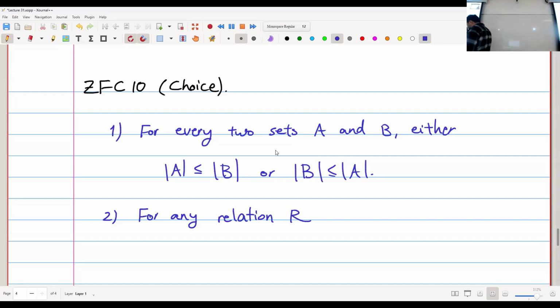A relation is basically a bunch of ordered pairs. So I have a relation R, and of course, every relation has a domain and a range. And we've talked about this before. So I want to say that for every relation R, there is a function f subset of R.